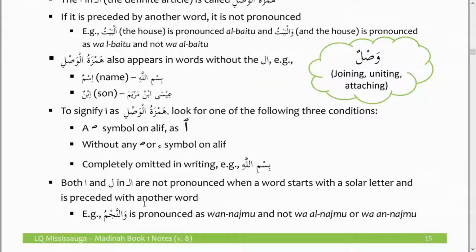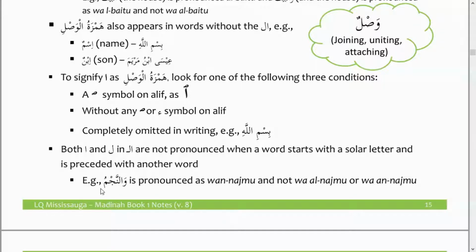With the solar letter, for example, wan najmu. I'm not pronouncing these. Why? One is Hamzatul Wasl, another is because it's a solar letter, Shamsiya. We jump directly to this. How do you know if it's solar or lunar? You look at this Tajdeed. If it has a Tajdeed, it is solar.